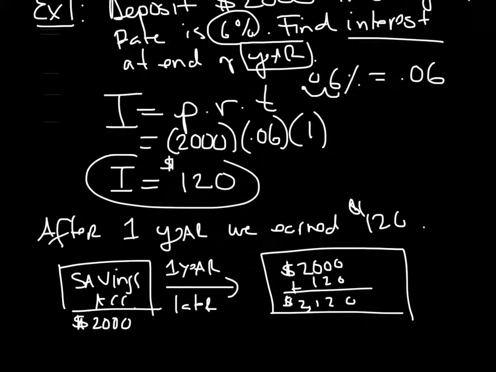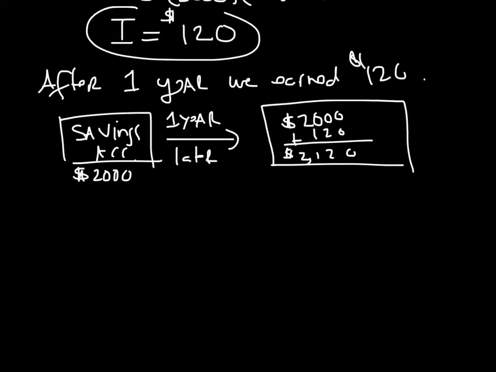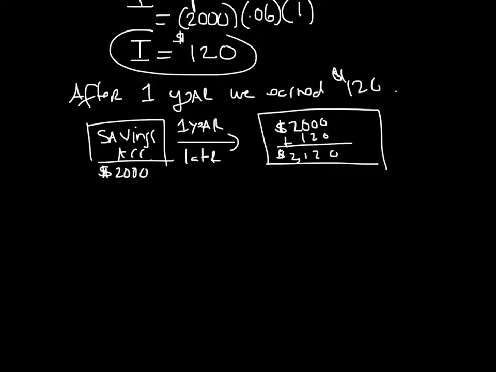So hopefully that makes sense. Simple interest: just multiply P times R times T. Now, what if I wanted to leave this money in? What about after 2 years? What if I wanted to leave it in for 2 years?